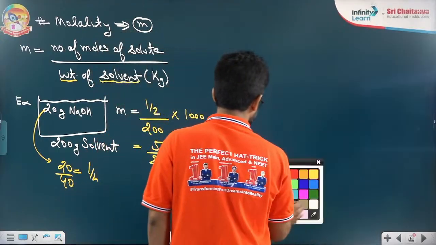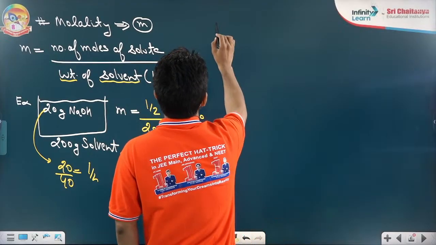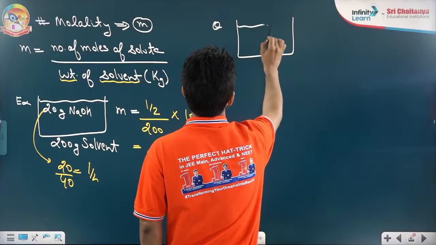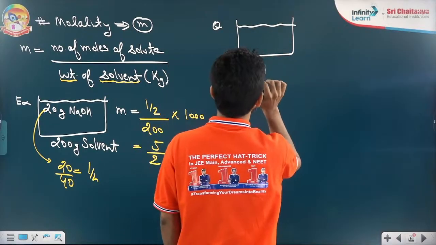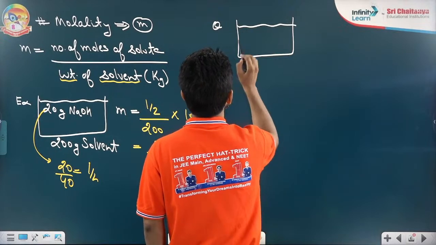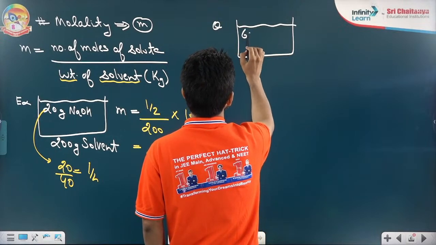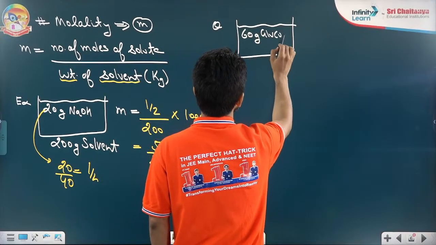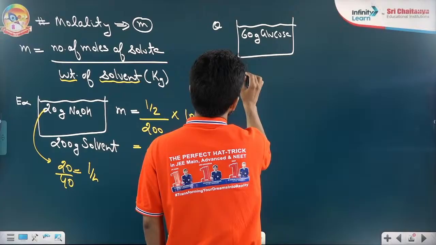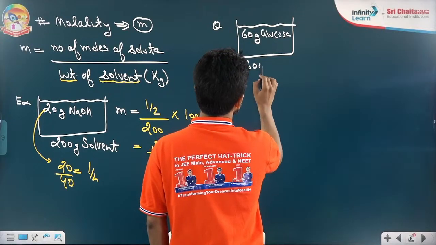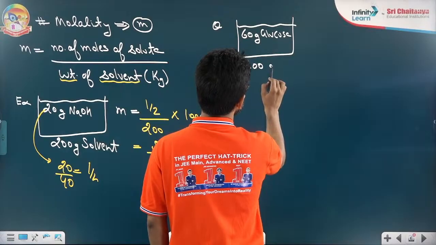Now, one more thing I'm saying. Carefully give the answer. This is a solution here. Okay, and in this we are having 60 gram glucose. We are having 60 gram glucose, and I am saying we are having 300 gram water, or I am saying 300 gram solution.